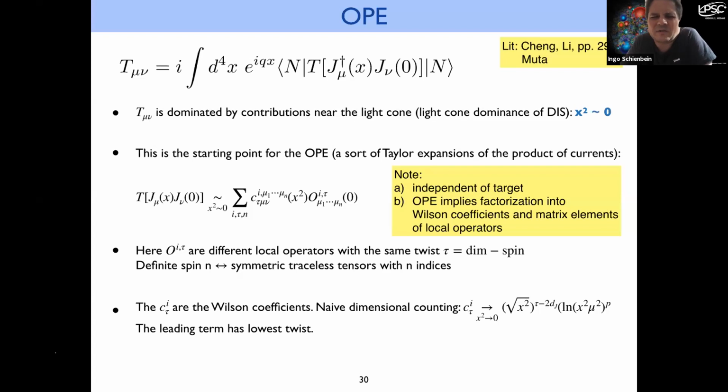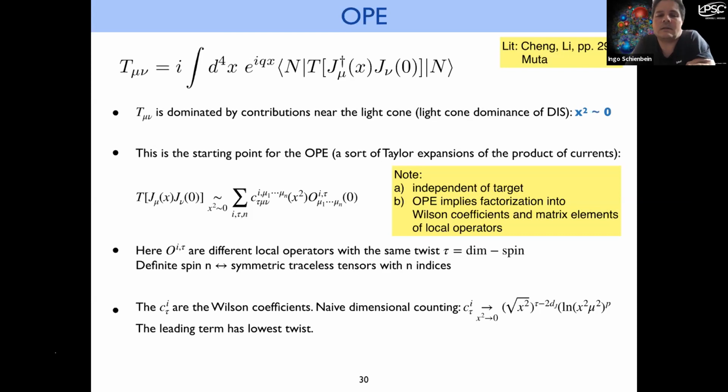So without going much into detail, just two things. First of all, this kind of Taylor expansion for the product of currents is independent of the target. Okay, so that is the first thing.